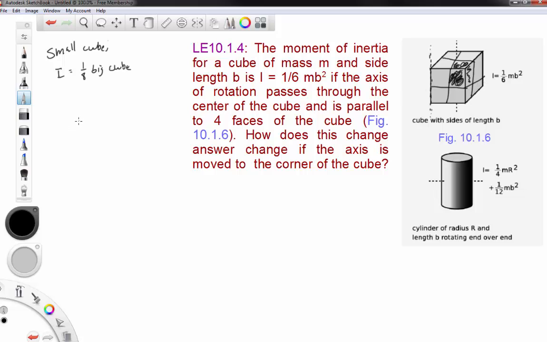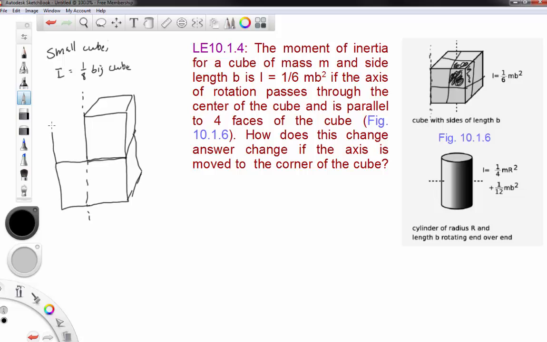Well, that means that if you were to design an axis of rotation that passes through the corner of one of these cubes, say this corner right here, you could always draw another 8 cubes that are of the same size, like so, such that this axis of rotation now passes through the center of this set of cubes.